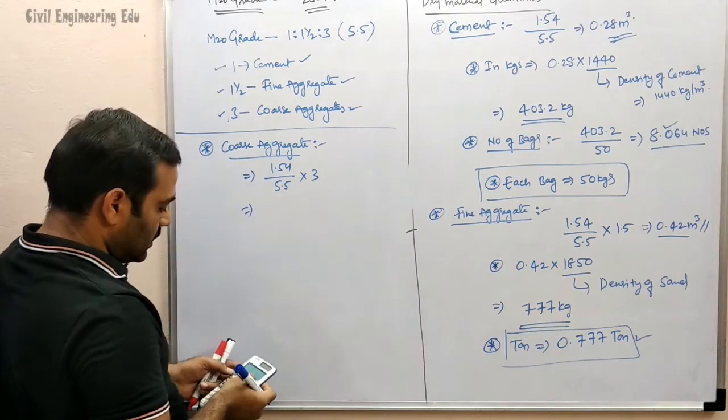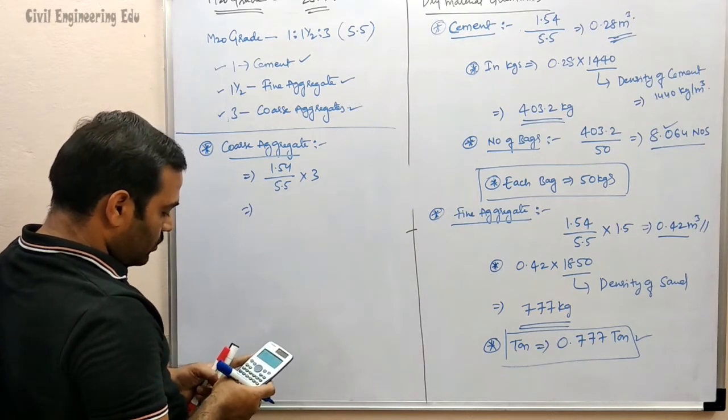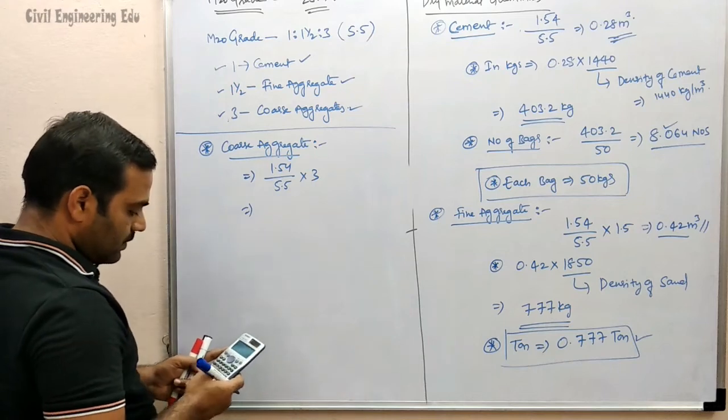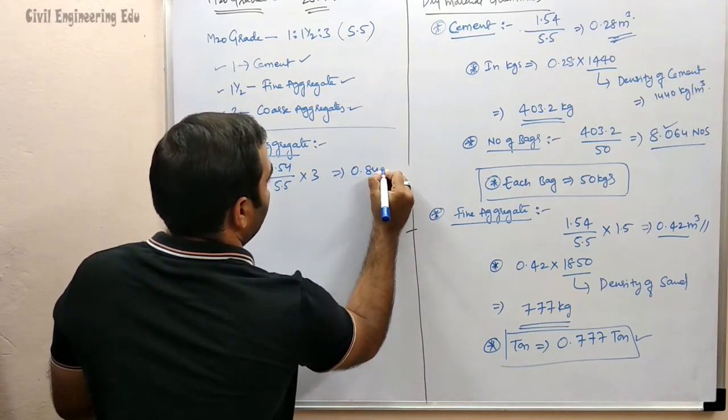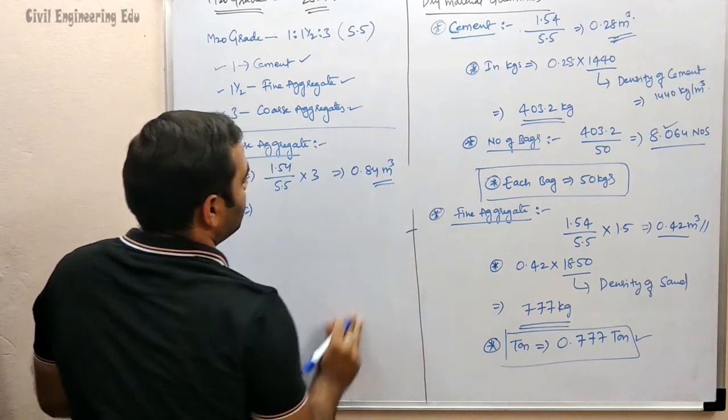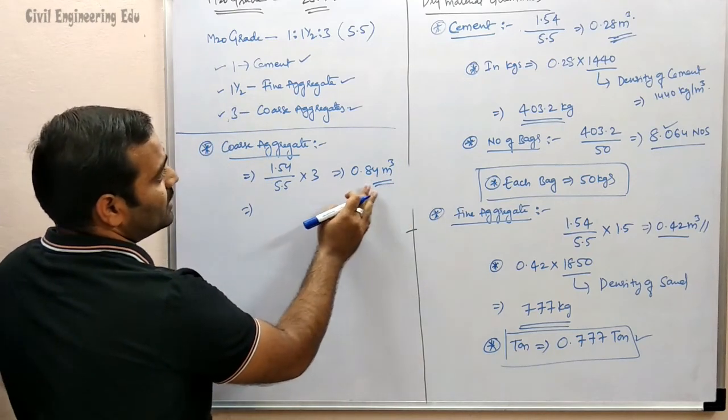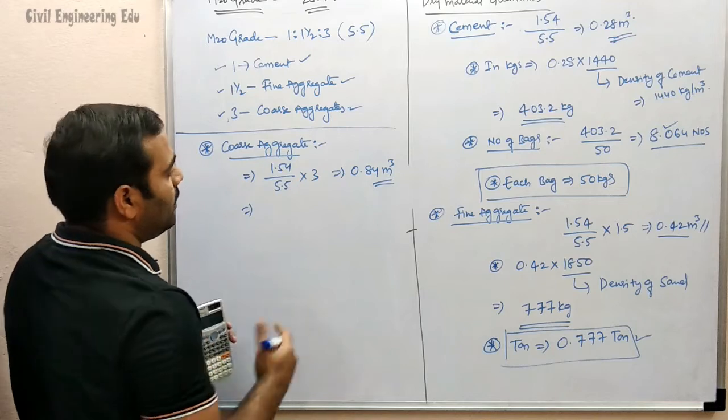So how much we will get? 0.28 into 3. It will be 0.84 meter cube. So this is the volume which is occupied in 1.54 meter cube.